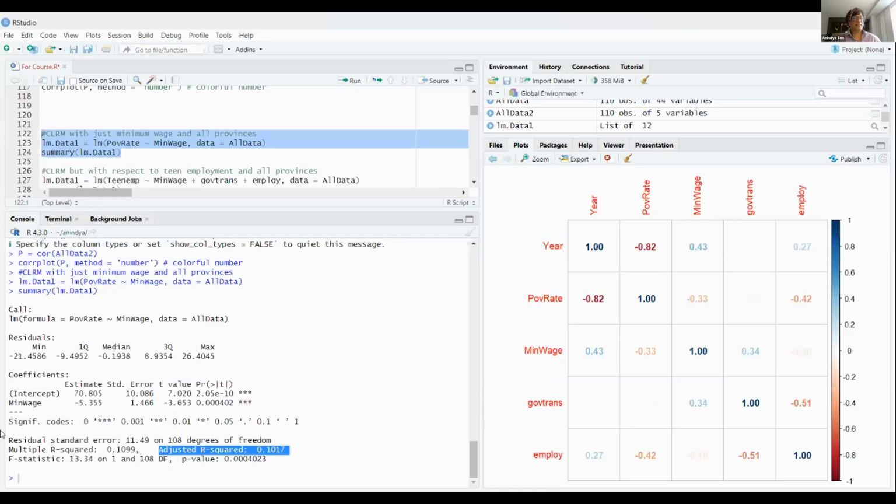You'll never get to 1; if you do, there's something wrong in your coding. At the end of the day, this is just a model, and we're saying that poverty rates are explained by the minimum wage. But you see a number of 0.1. The simple way to explain this is that this specific model is explaining only 10% of the variation in poverty rates. So that's something to be cautious about.